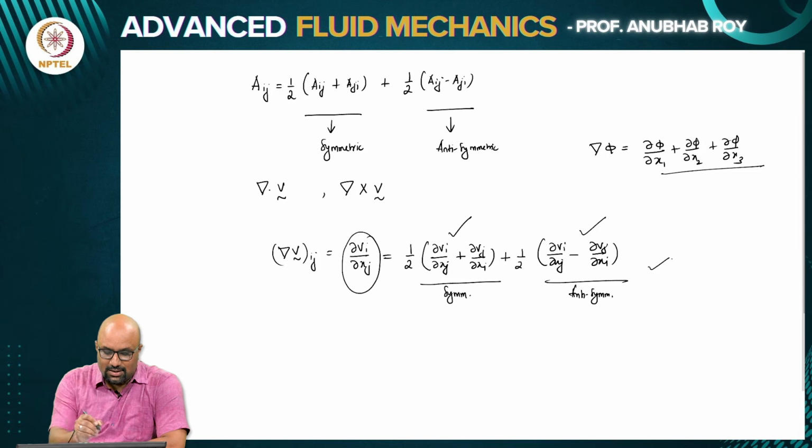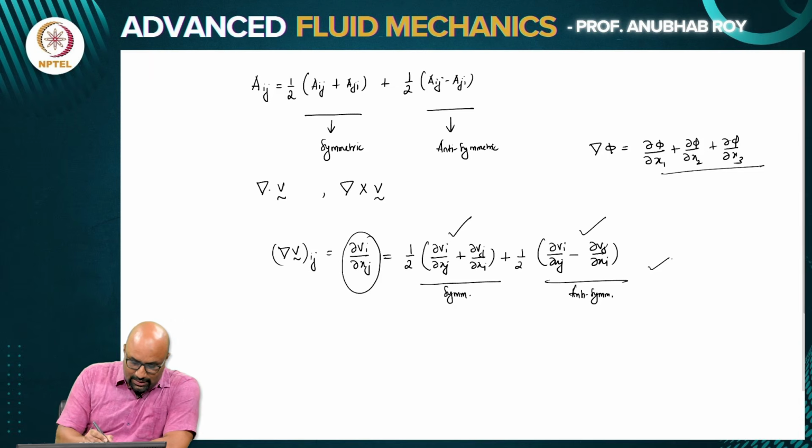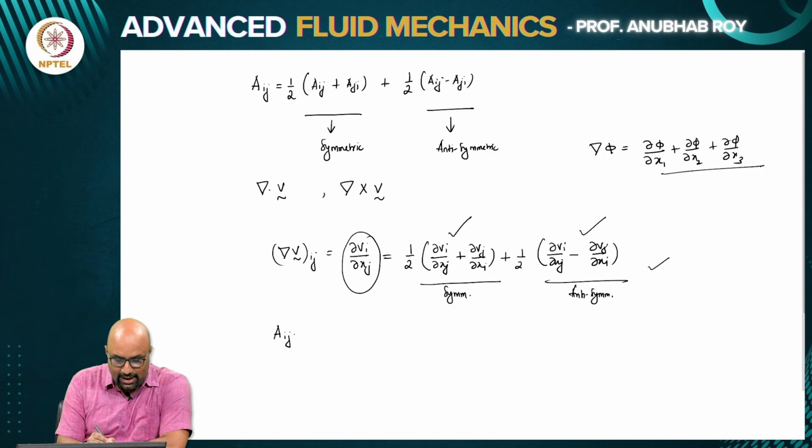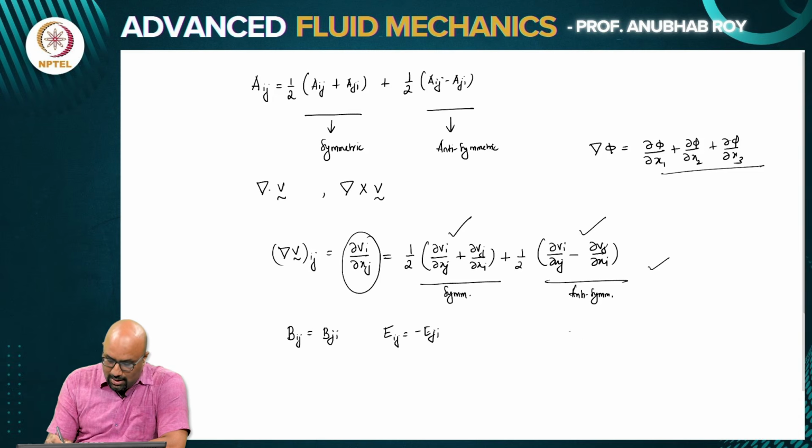So, we saw this property that we have for symmetric and antisymmetric tensor. Now, there is another interesting property that comes about when we are dealing with symmetric and antisymmetric tensor, is that if I say that I have a symmetric tensor Bij and an antisymmetric tensor, let me use a different letter, Eij equals minus Eji, I can look at this quantity Bij Eij.